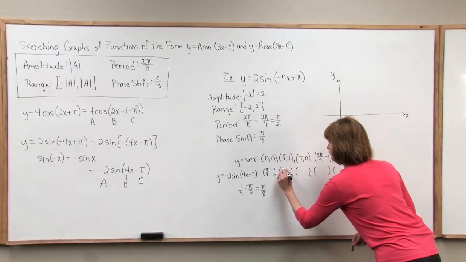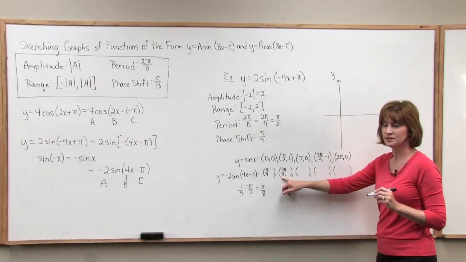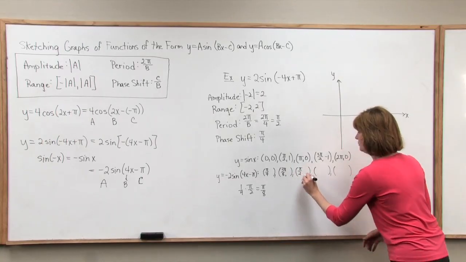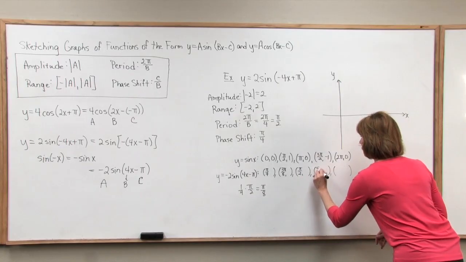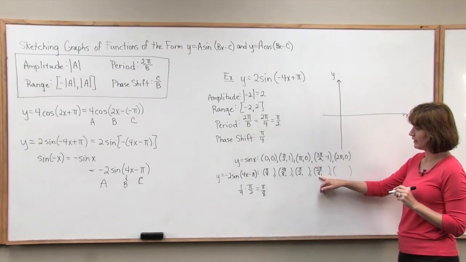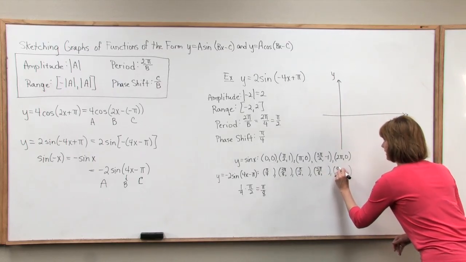Plus pi over 8 gives you 3 pi over 8. 3 pi over 8 plus pi over 8 is 4 pi over 8, which reduces to pi over 2. 4 pi over 8 plus pi over 8 is 5 pi over 8. And last x-coordinate, 5 pi over 8 plus pi over 8 gives you 6 pi over 8, which reduces to 3 pi over 4.